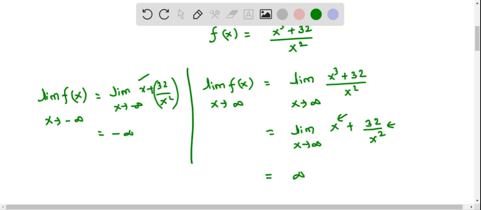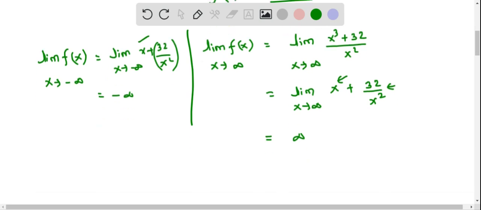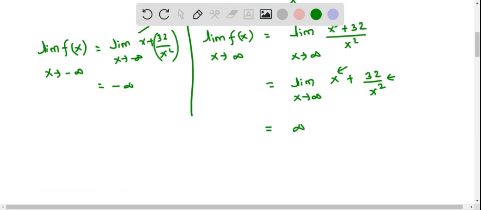So in both cases f of x approaches positive or negative infinity, which means there are no horizontal asymptotes. It does not approach a finite value. So we say that the horizontal asymptote is none.